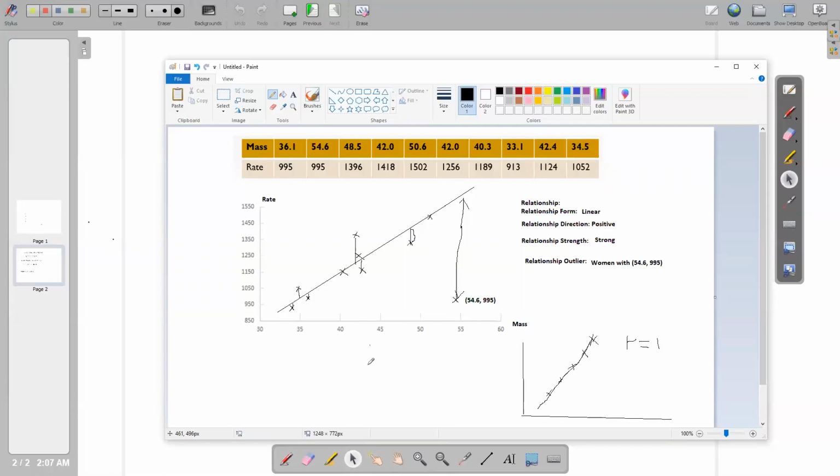And another strongest linear relationship could be when all the points are on the line, right? So the total amount of deviation is 0. That's the smallest it can get, right? It cannot get less than 0 deviations, right? So correlation is strongest as well. In this case, r is equal to 1, right?